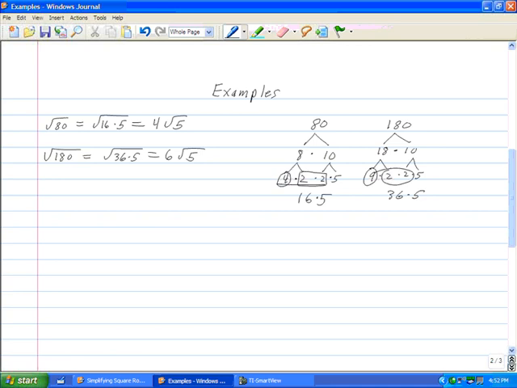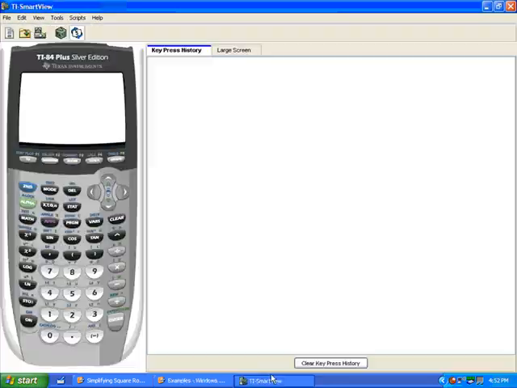Alright, let's look at one more example of that. And again, look at an even larger number. Let's look at the square root of 243. And just looking at that, I definitely can't tell what the largest perfect square is going to be in there. So I'll start breaking it apart. Now, 243, I believe that can be divided by 3. Let's see what we get out of that.